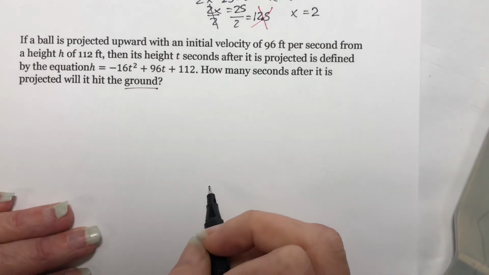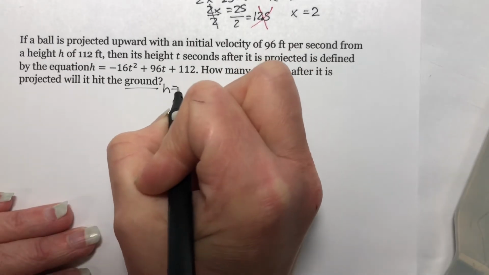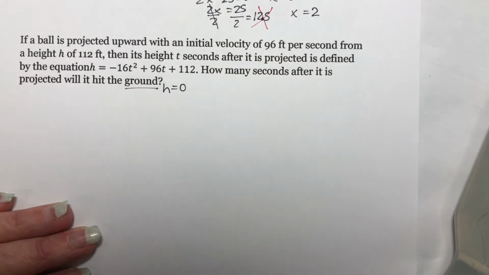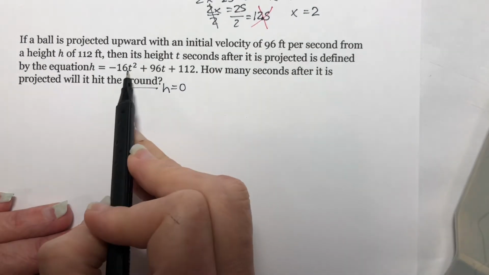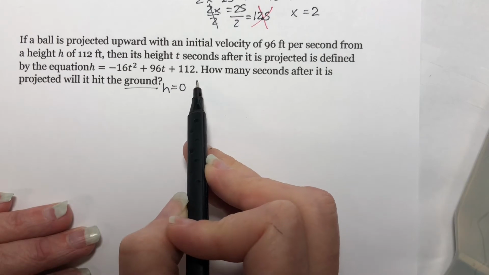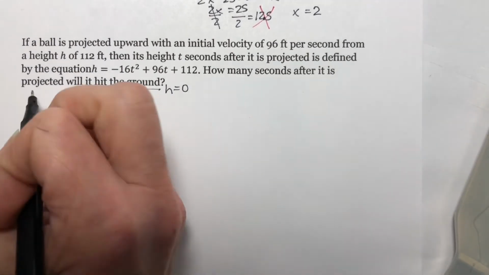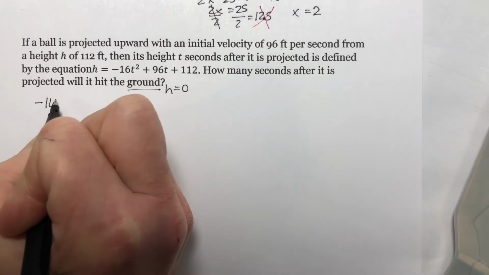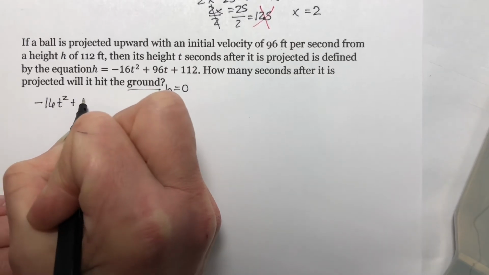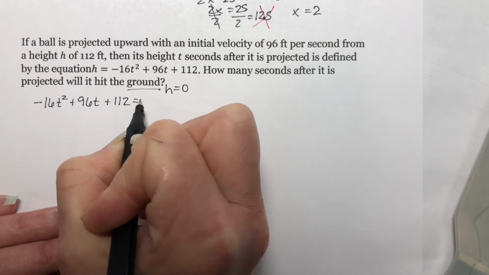Well, if it hits the ground and h is the height off the ground, then what we're looking for is when h equals 0. So we want to know what t is when our height is 0. They give us the entire equation that we need. All we had to do was figure out that we wanted h to be 0 to set up our equation: negative 16t squared plus 96t plus 112 is equal to 0.